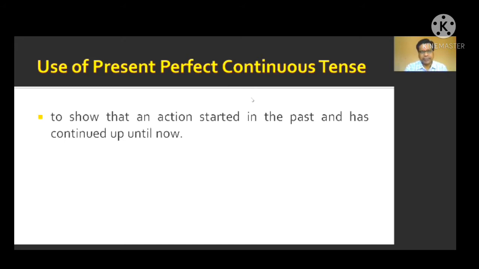What I mean to say? We use present perfect continuous tense in order to show that an action started in the past, means some part of the action is already completed, and the same action is continued up till now.